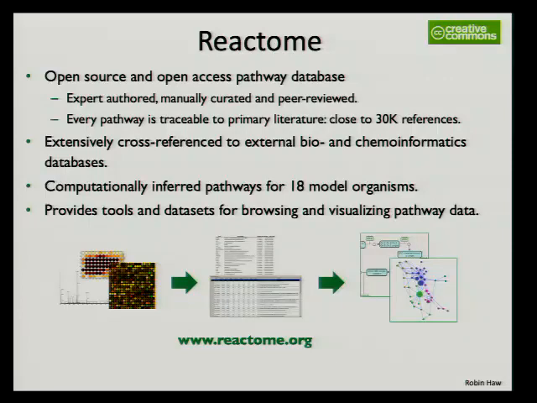But in order to reach a wider research community, we do this computational inference. Along with the data, we also provide a suite of user-intuitive, high-performance software tools for users to browse our content and perform pathway-based data analysis. I'm going to show you more about this.